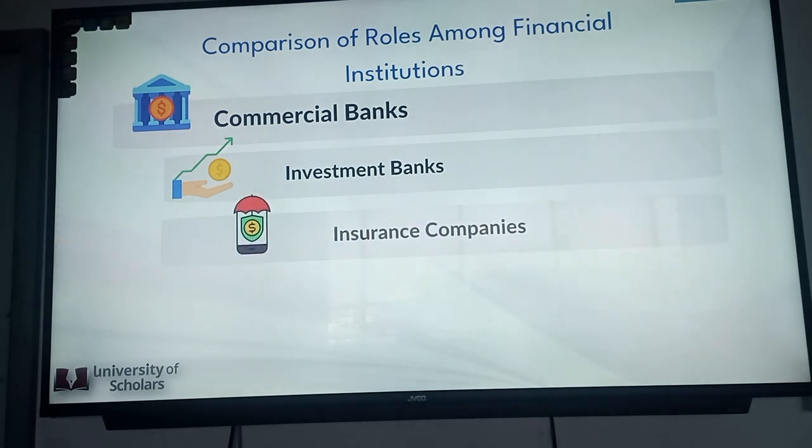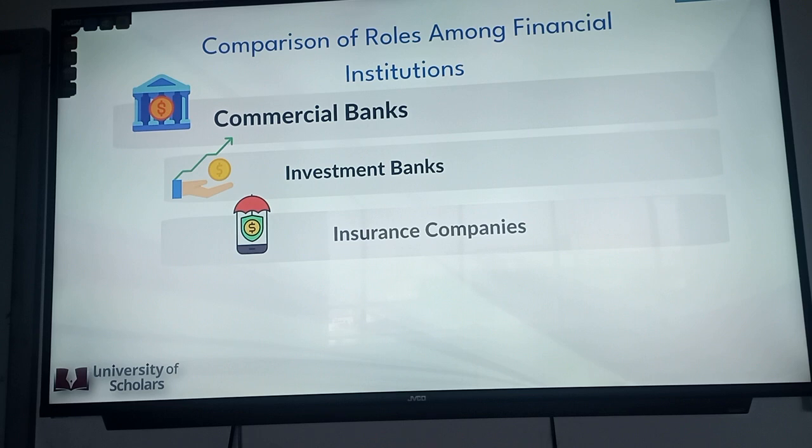The third institution that we must discuss is the insurance companies, which offer risk management services. Insurance companies usually offer risk management service by underwriting various types of insurance policies.